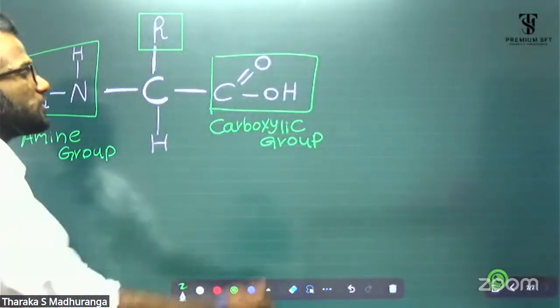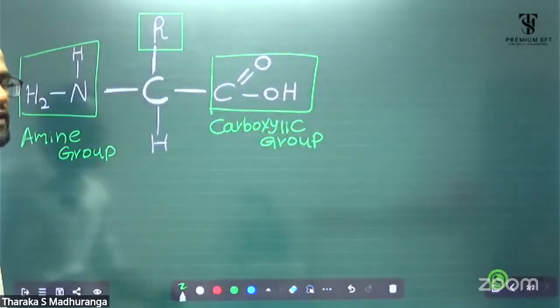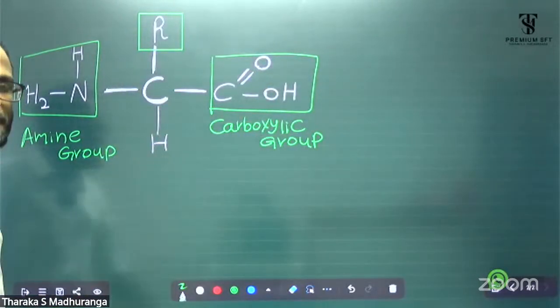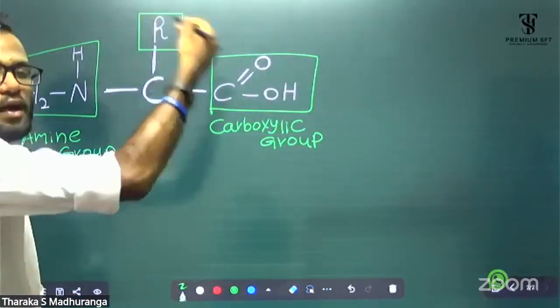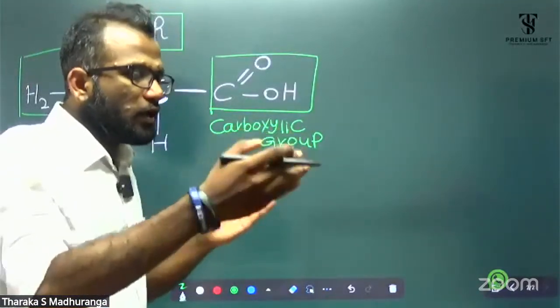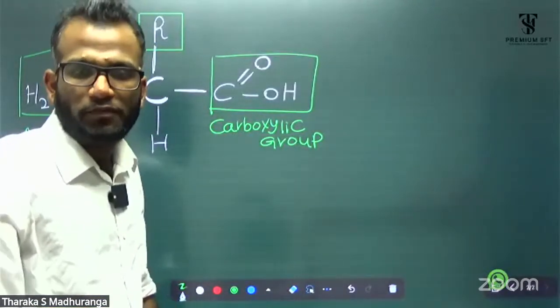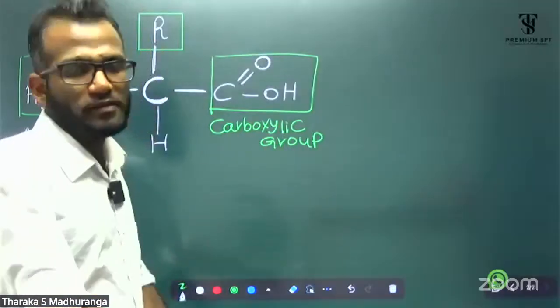The common structure is the alpha carbon, carboxylic group, amine group, hydrogen, and R carbon group. According to the variation of the R carbon group, different types of amino acids are formed.